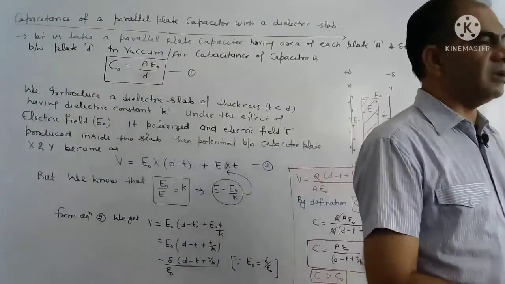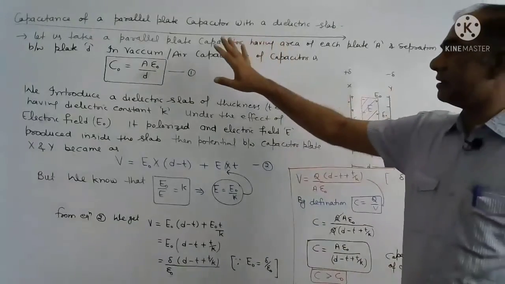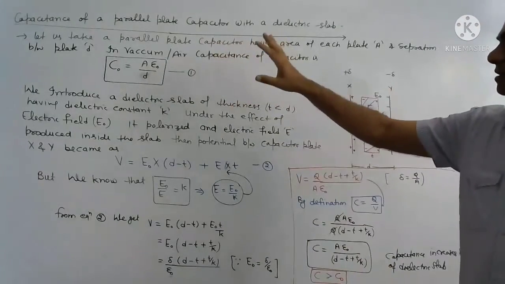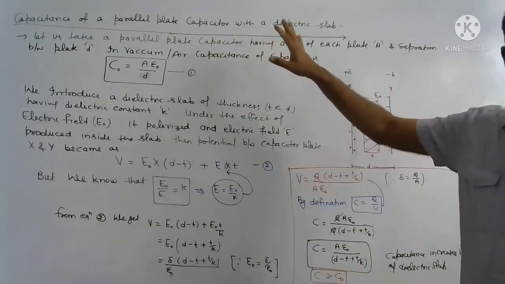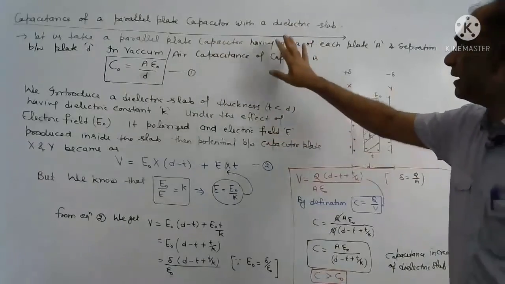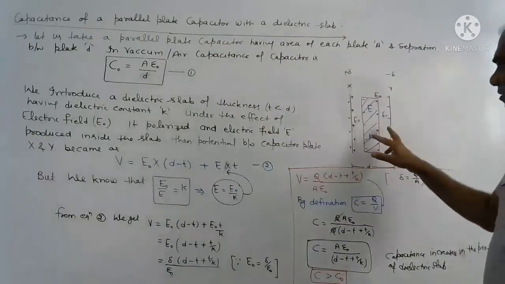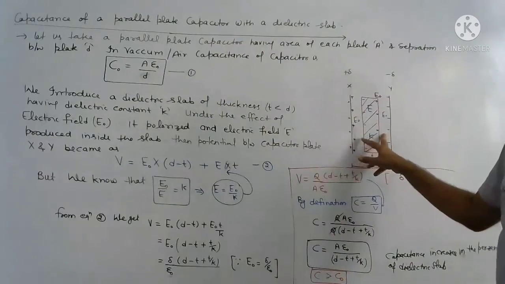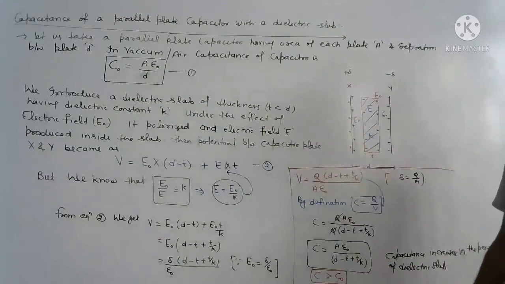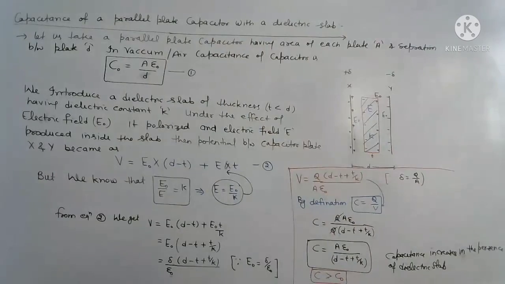Generally in exams this question is asked like this: find out the capacitance of a parallel plate capacitor when partially filled with a dielectric slab. In this case we can solve this type, and finally we get that capacitance increases in the presence of a dielectric slab.